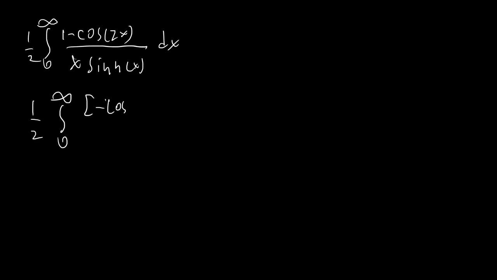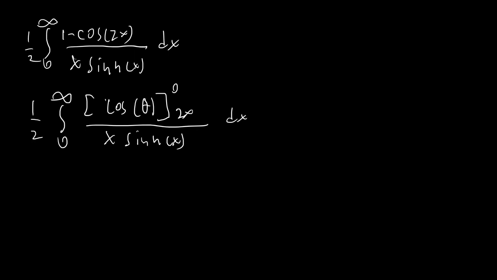cosine of theta evaluated at theta equals 0 and theta equals 2x. Then, of course, we still have x sinh x on the bottom, dx. Then we will convert this into an integral.